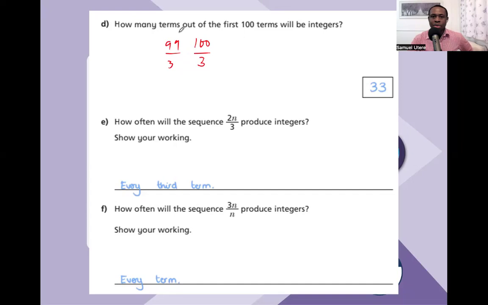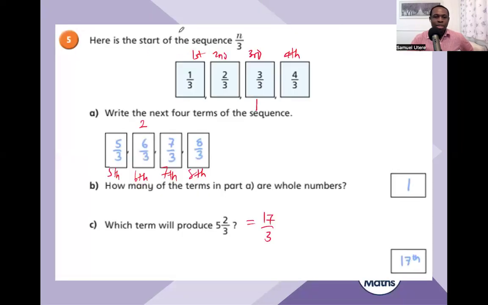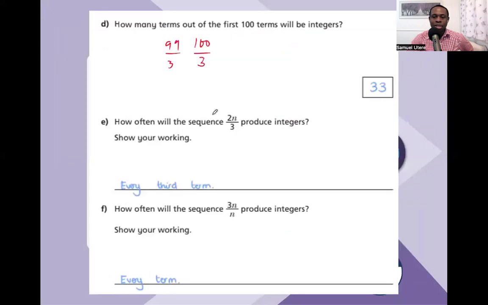If you go back, you would see that that gave us the second one. So each time we divide the numerator by the denominator, it tells us the position of the term that is the integer. So this is the second one. By the time we get to the 99th one, it will give us the 33rd term.